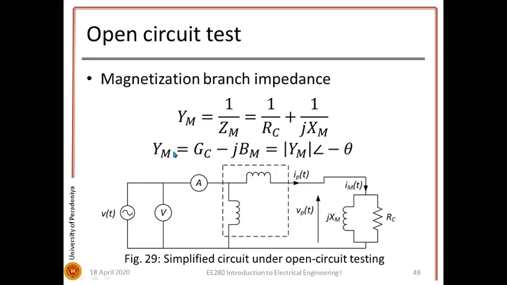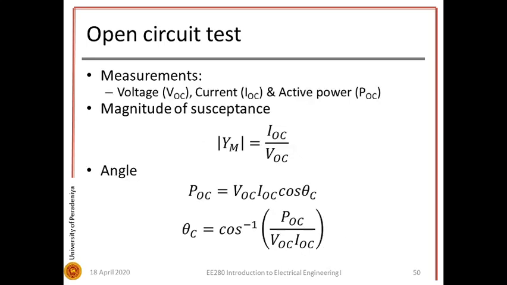We can write the admittance as Gc minus jBm. In polar form, it is magnitude Ym and angle minus theta. Now in the experiment, we will measure the open circuit voltage VOC, current IOC and active power POC.